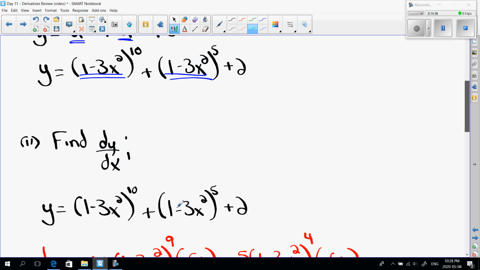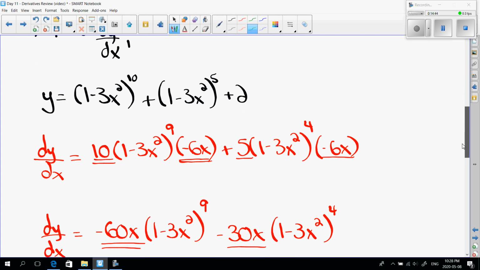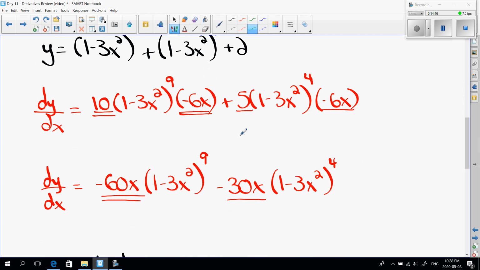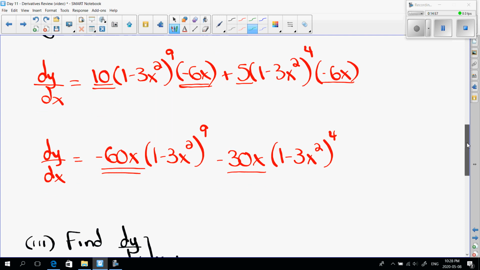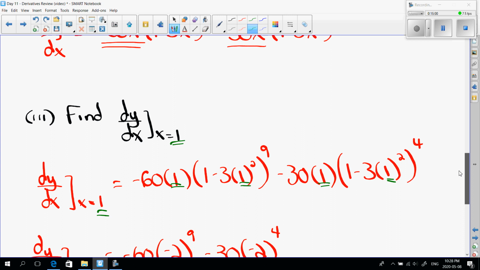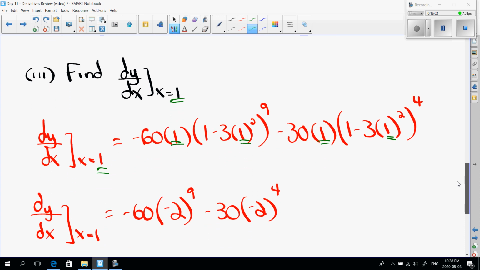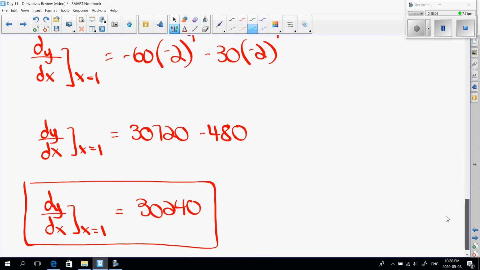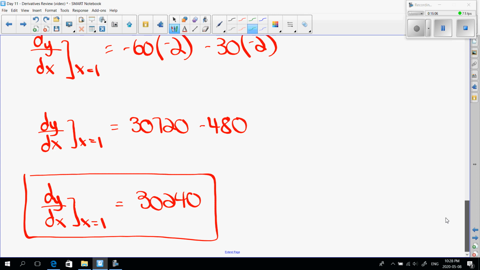Chain rule again, 5 times (1 minus 3x squared) to the 4th times -6x, and the derivative of 2 would be 0. I multiplied to clean this up a little bit. And then I would just sub in a 1 everywhere there's an x. All right, so I replaced all the x's with a 1, and I ended up with 30,240.